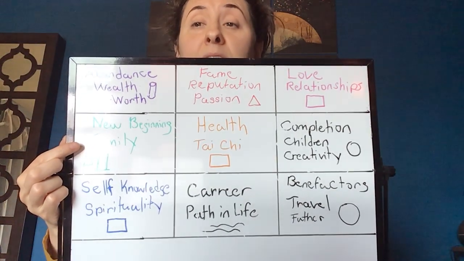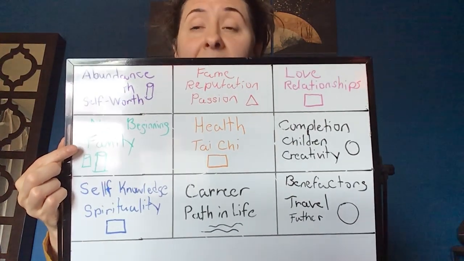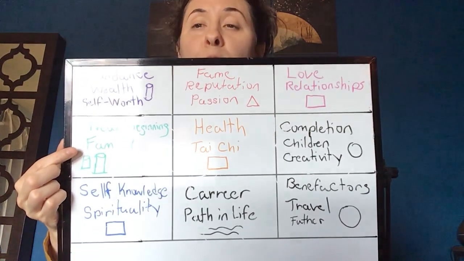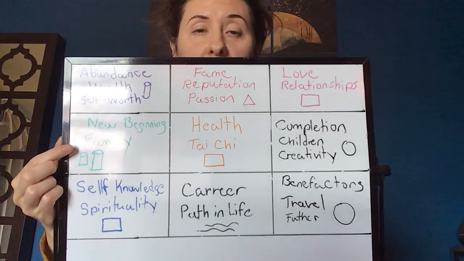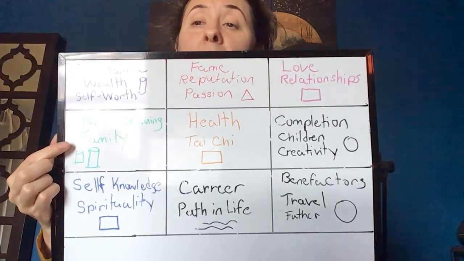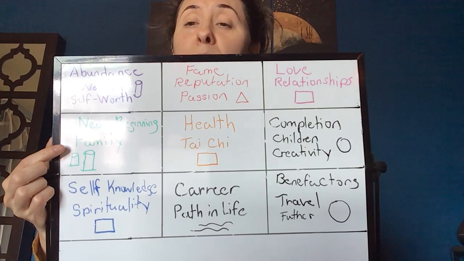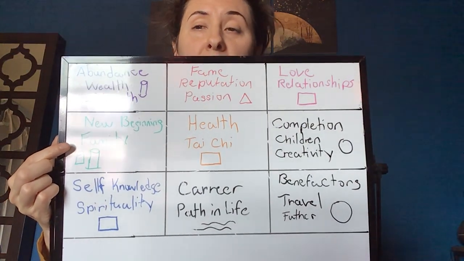This is yang spring. So it's very energetic, very active yang form of the wood element. So it's connected with the wood element. The colors associated with this area are bright greens, bright blues, teals, and it is connected with the number 3.